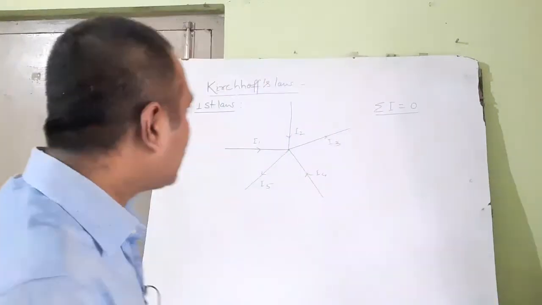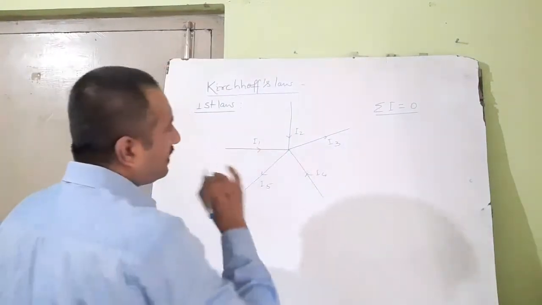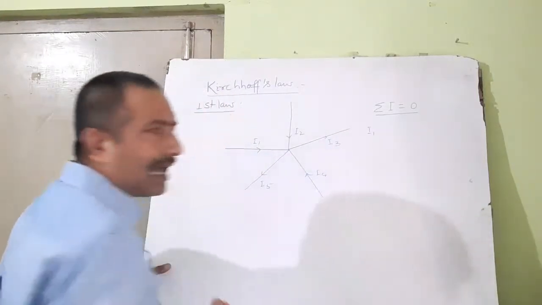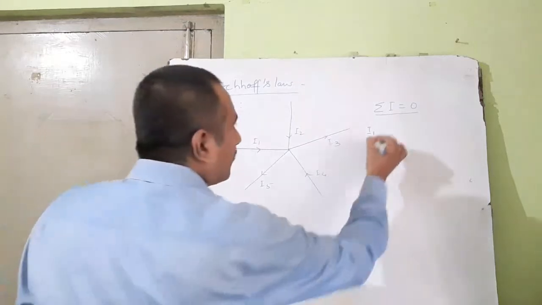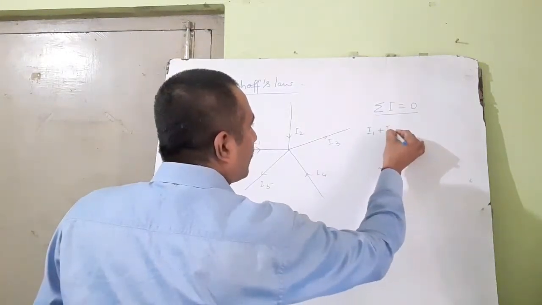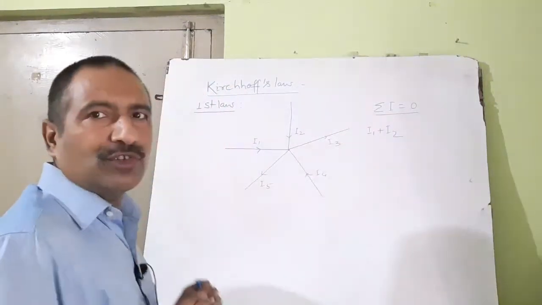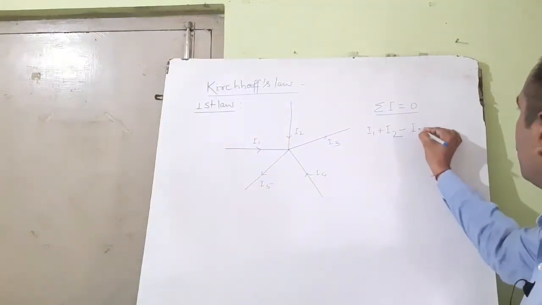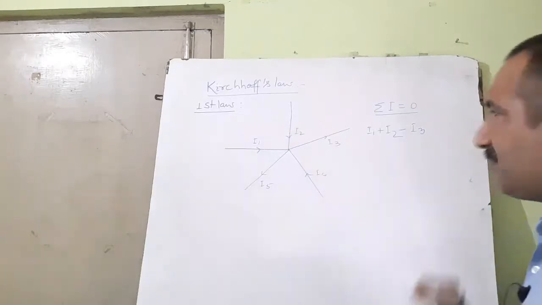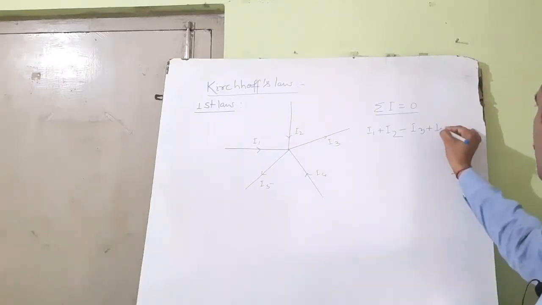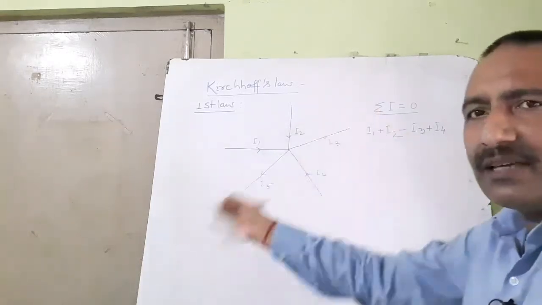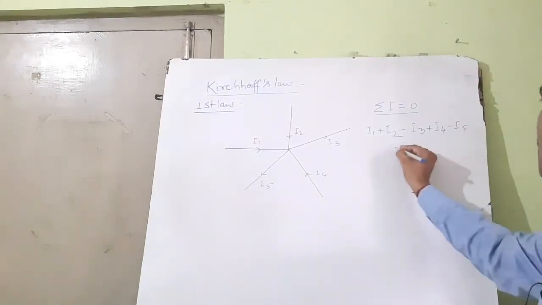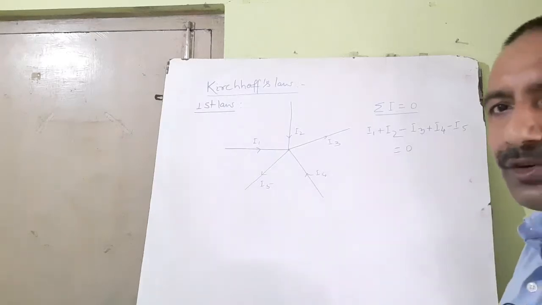So according to that, you see I1 is incoming current. So plus I1, I2 is incoming current so plus I2, I3 is outgoing current so minus I3, I4 is incoming current so plus I4, again I5 is outgoing current so minus I5, and the sum of these is equal to 0.